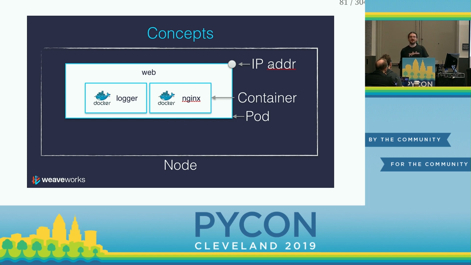So what I mean by that is, look at this example where I have Nginx and a logger. The assumption here is that there is Nginx serving web traffic, writing log files, and next to it there is a logger that gets these log files and sends them to maybe Splunk or Stackdriver or CloudWatch or Elasticsearch or whatever I have to manage my logs.